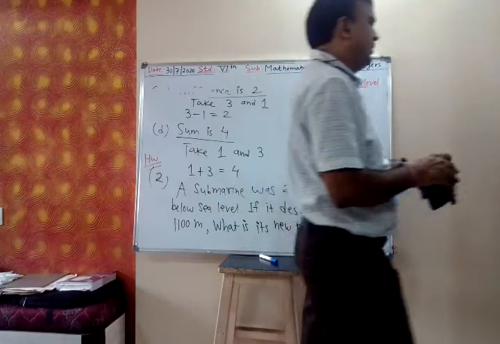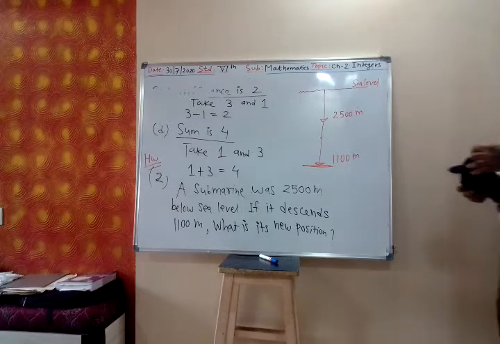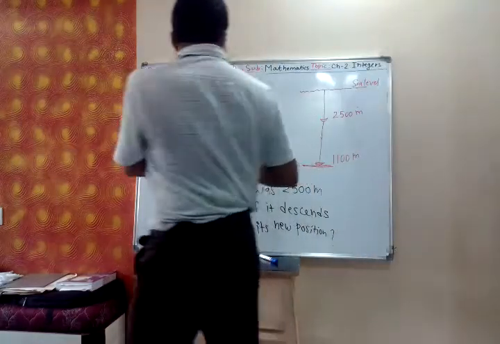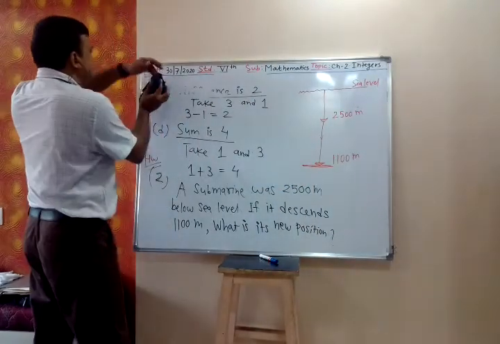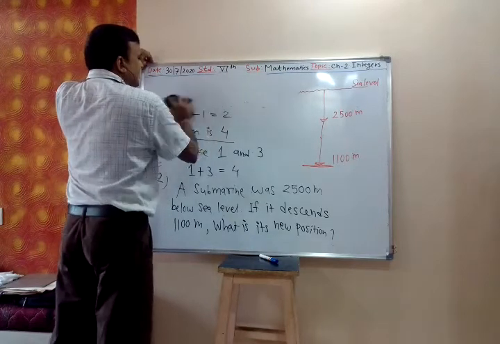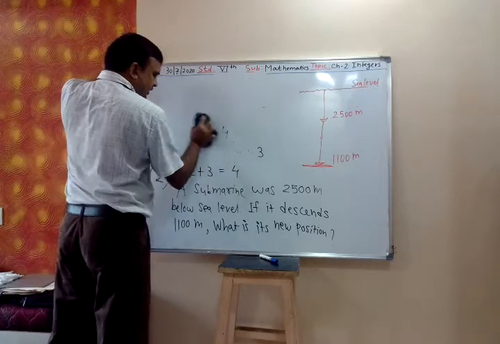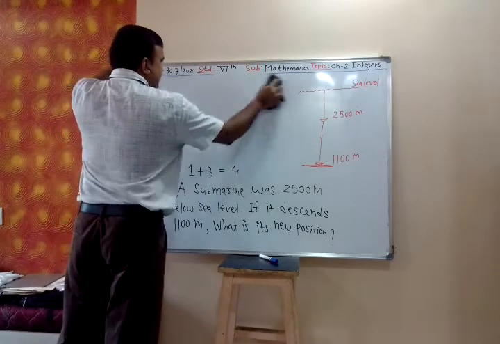Mute the microphone and ask the doubt. You can write the answer directly, no problem. I had explained this with the help of this diagram so that everybody should understand. If you have understood, you can directly write down the answer. So this second part, writing the solution, is homework.